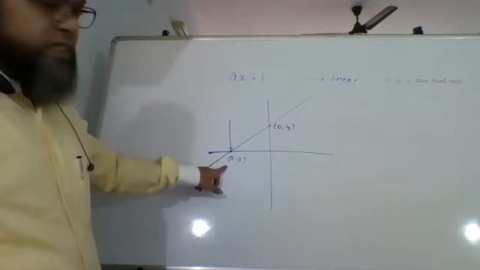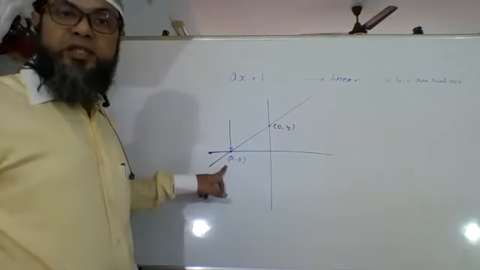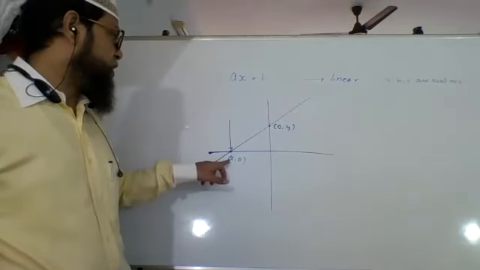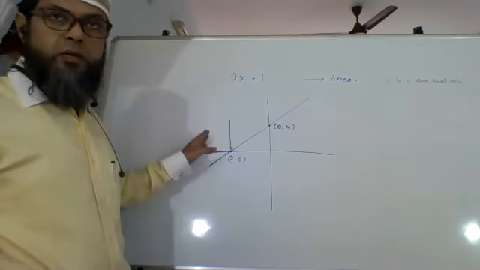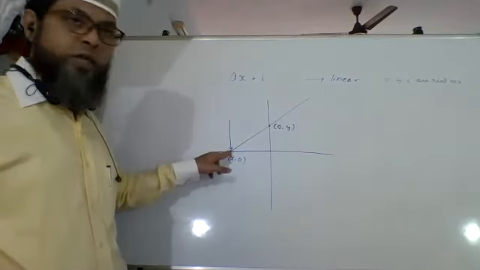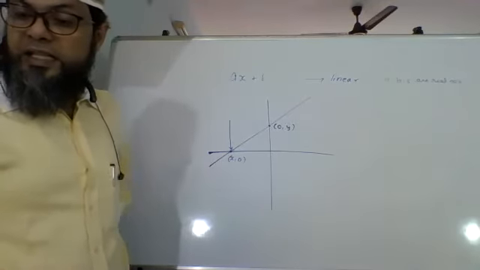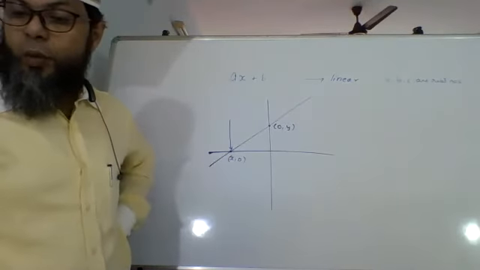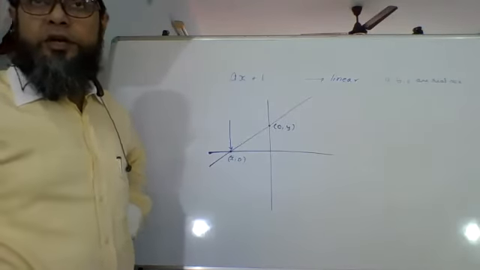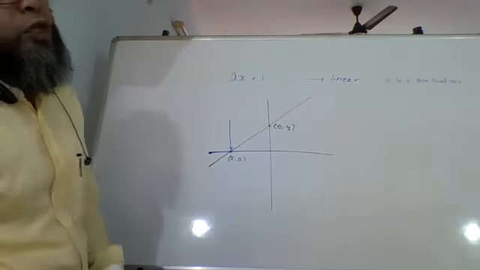Because what this says is, this is the place where the line is cutting the x-axis. That means at x equal to something, whatever it is, -4, -3, whatever, the value will be equal to 0. That means it will be cutting the x-axis. So where it intersects the x-axis, that is your zero of the polynomial.